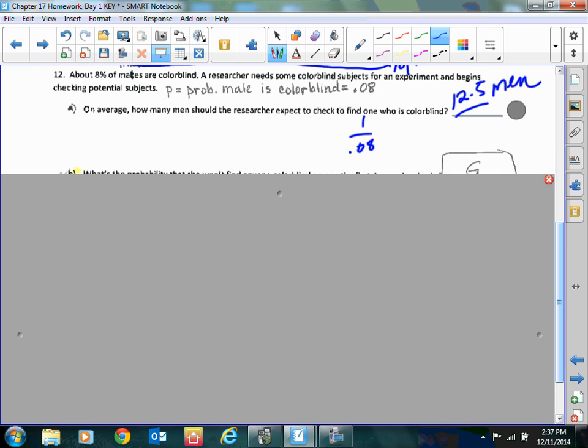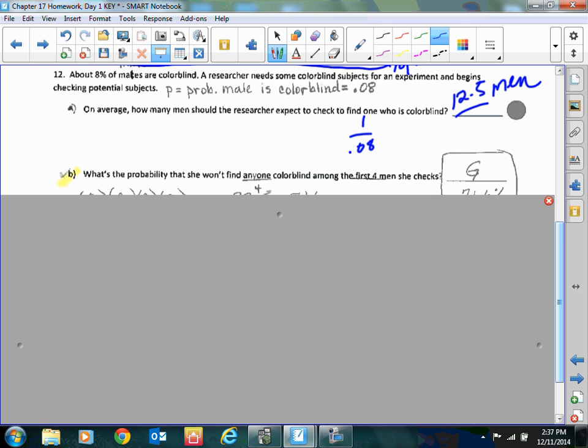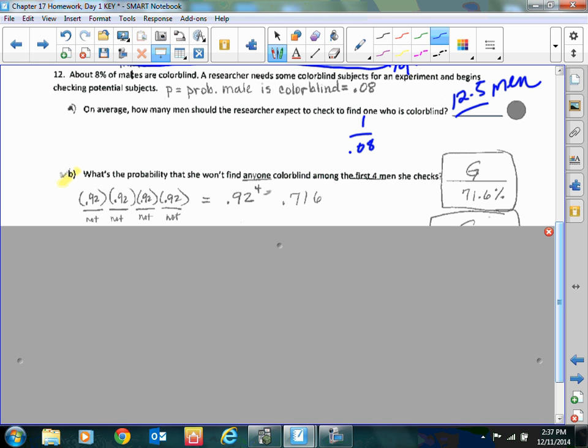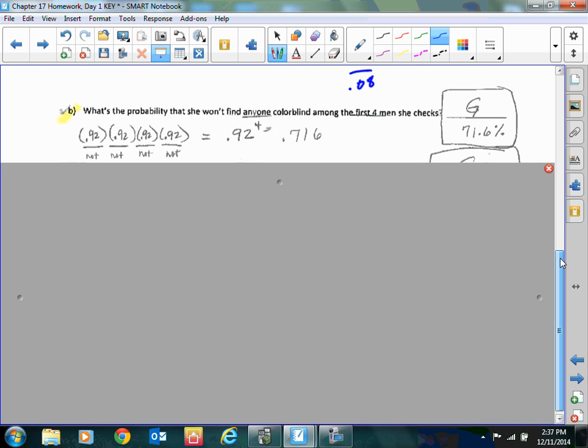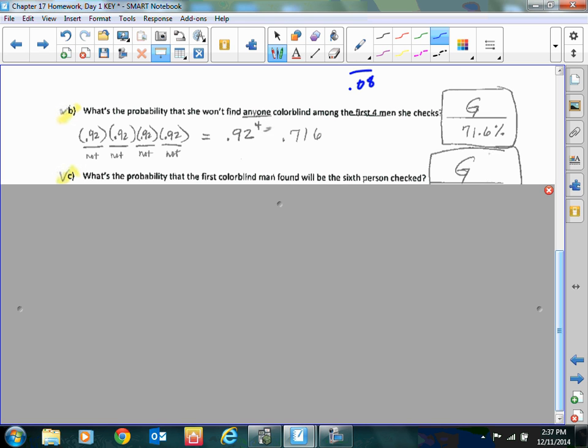All right, let's see how you did on these on your homework. What's the probability she won't find anyone among the first 4 men? So all 4 of those are not colorblind. Next, what's the probability that the first colorblind man is the 6th? This one is saying exactly in the 6th place, particularly in the 6th place. It's not anywhere up to the 6th.